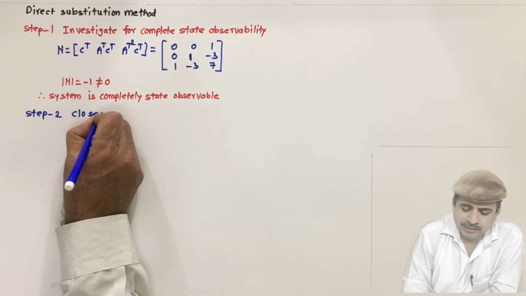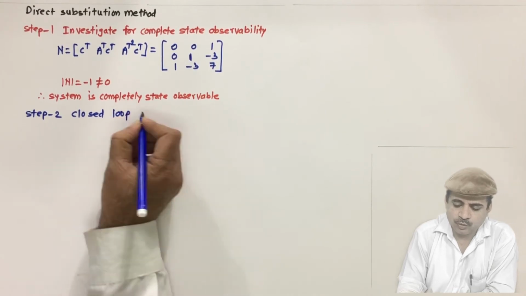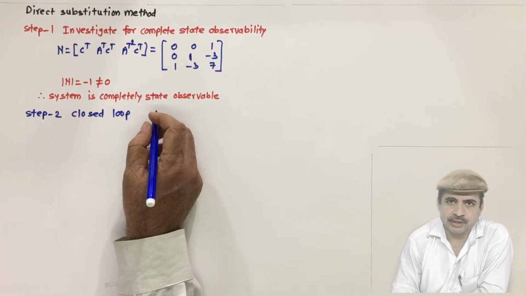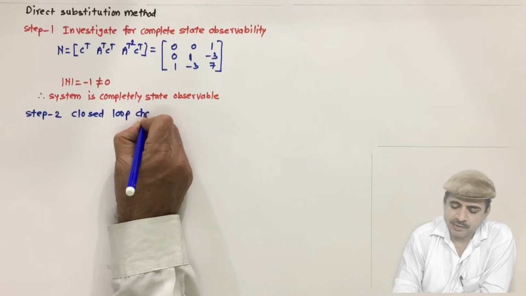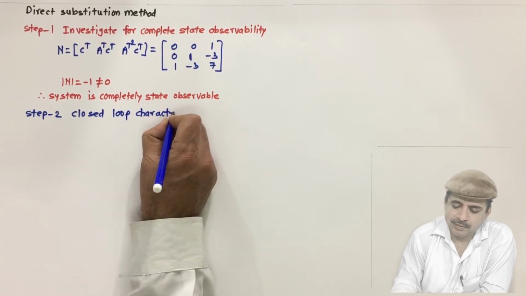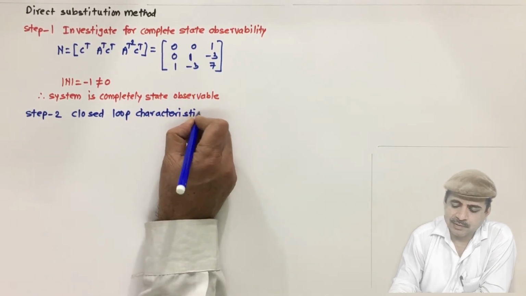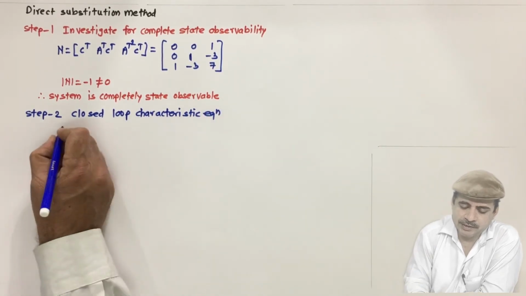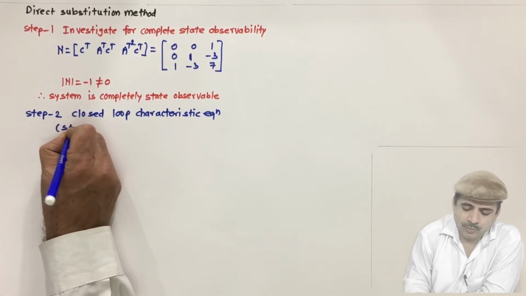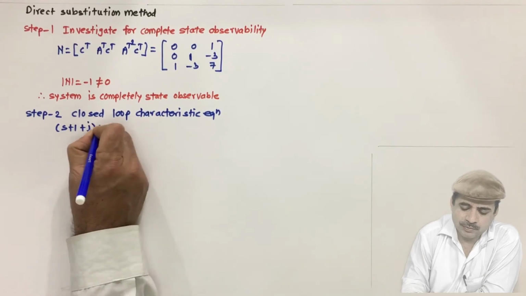Closed loop characteristic equation. In this method, we obtain closed loop characteristic equation by two approaches, and we equate them. So first way is from given eigenvalue.